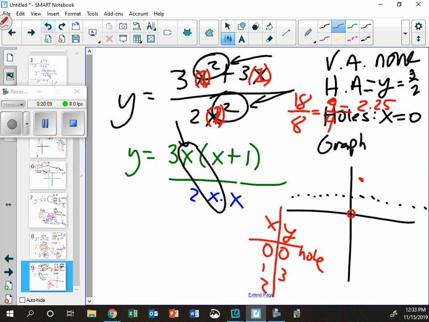So it was over 1 and up 3. It's slowly falling, which means it'll keep falling and get closer and closer to the asymptote, and there.